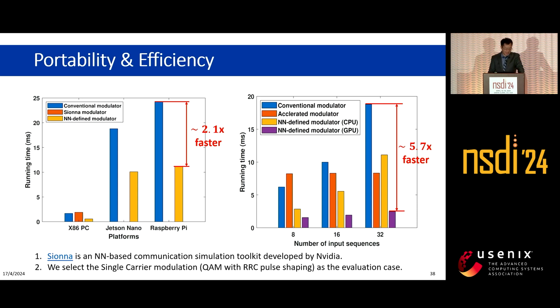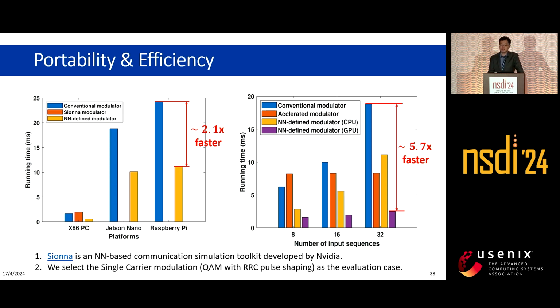Next, we look at the portability and efficiency. In terms of portability, we can port among all three platforms: PC, Jetson Nano, and Raspberry Pi. The solution in the market is Sionna, which is provided by Nvidia.